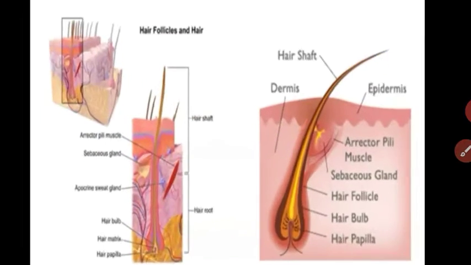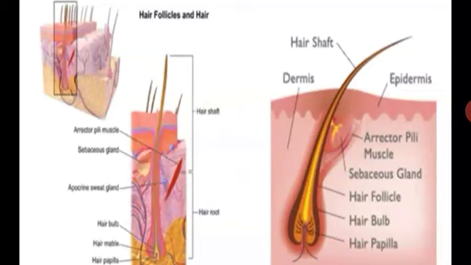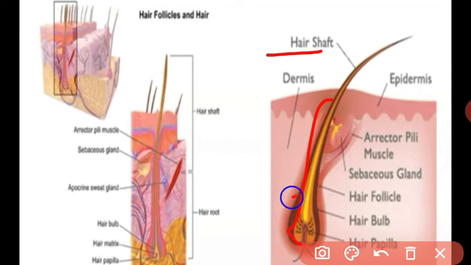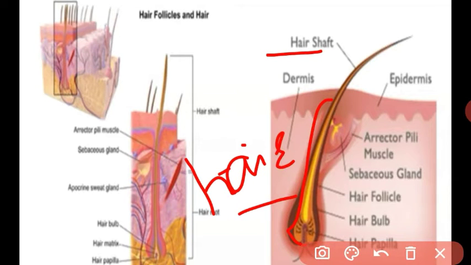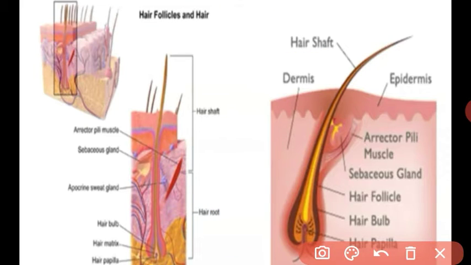It consists of three main parts: the hair shaft, the hair root, and the root hair papillae and hair bulb. Got it? The three main parts.